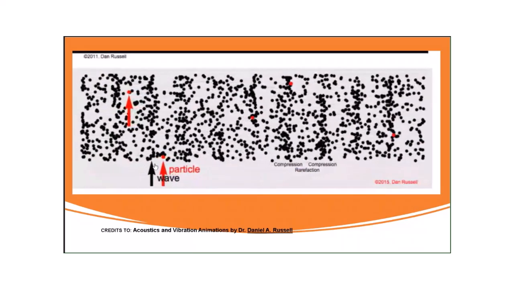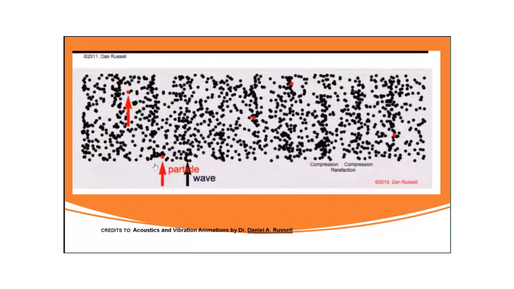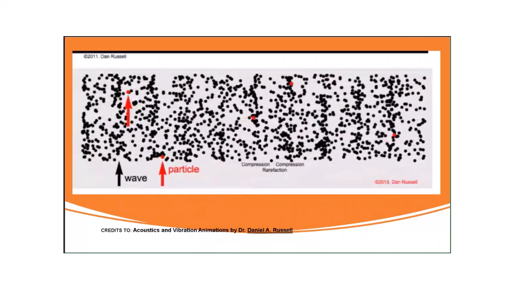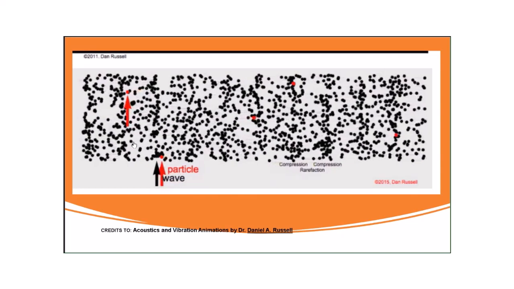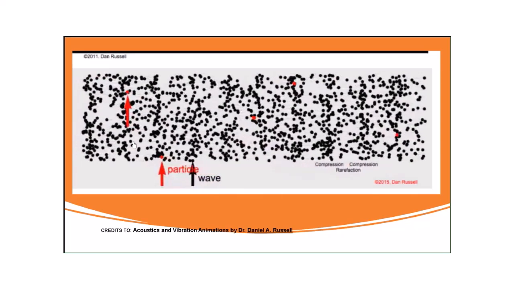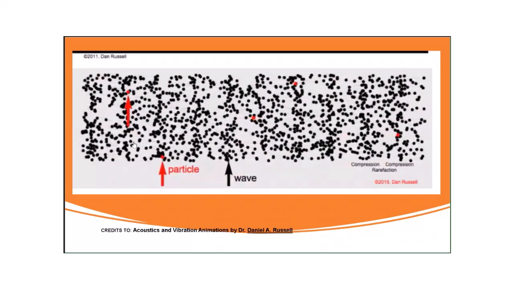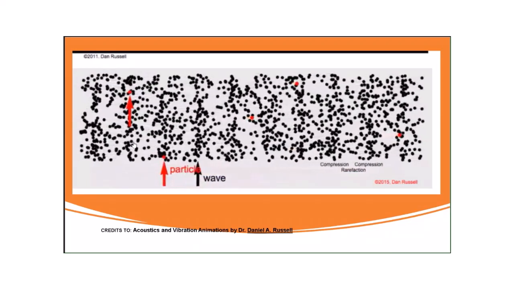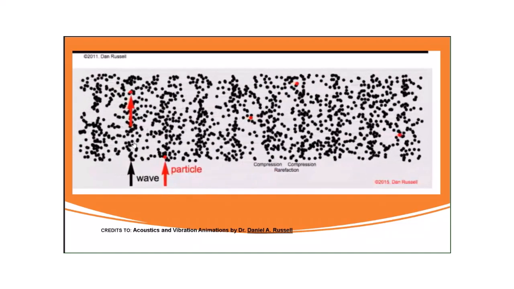Pick a single particle, let's say the red one, and watch its motion carefully. When the vibrating particles come closer to one another than they normally are, there is a momentary reduction in the volume and a compression is formed. I hope you have identified those regions.